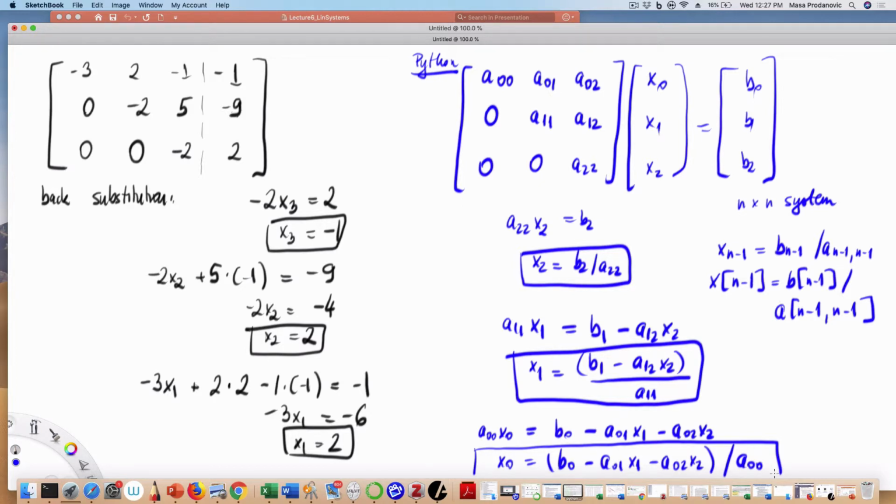Is this easy to program? If I was solving a 3 by 3 system, and I always knew that I would solve a 3 by 3 system, I would plug in these 3 formulas and solve it by back substitution.